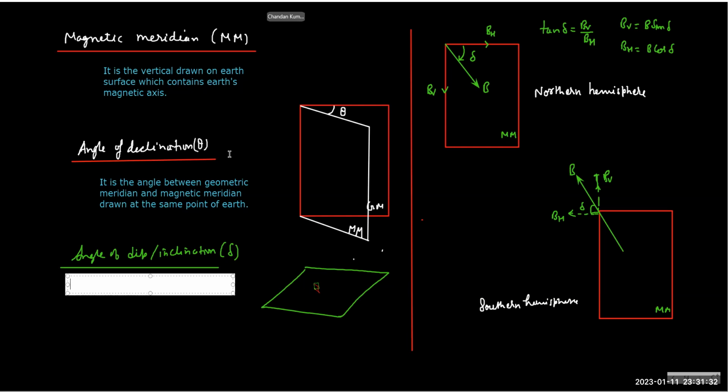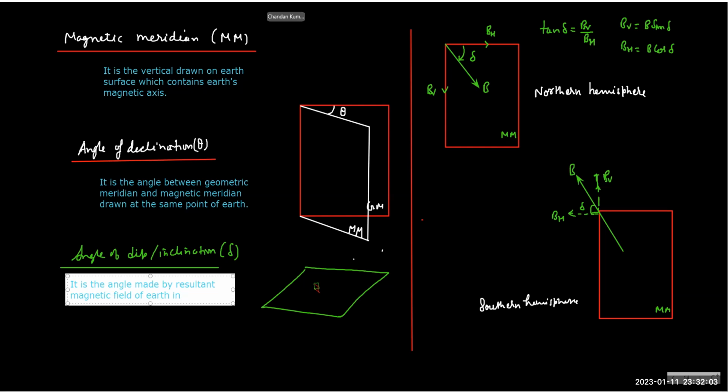So first of all, let me put the definition, then we'll explain it. The angle of dip or inclination, how do we define it? It is the angle made by the resultant magnetic field of Earth with the horizontal, in which meridian?